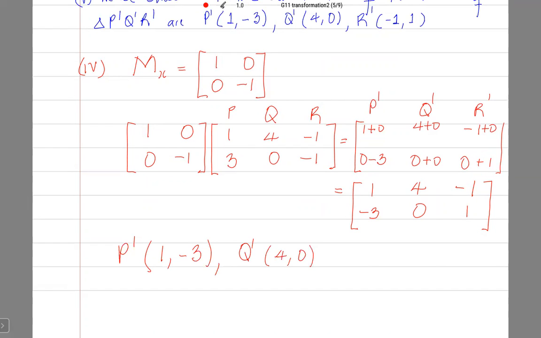It is unchanged because it is on the mirror line. And the coordinates of R prime would be -1, 1. So this is how calculation may be used to determine the coordinates of the image of a point under a reflection. All right, please note it, everybody.